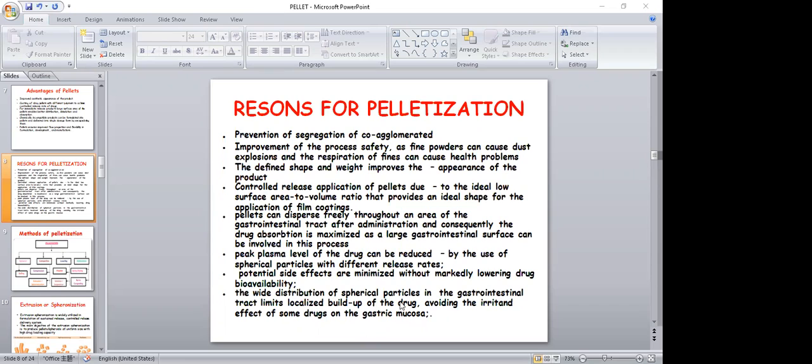If you want to formulate a controlled release dosage form, then also we form pellets. Pellets have very good flow properties, so they can disperse freely throughout an area of the GI tract after administration, and you will get maximum drug absorption from the pellet.